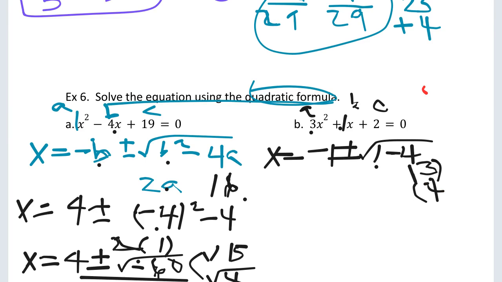So that would be 1 minus 24, so it'll be negative 23.